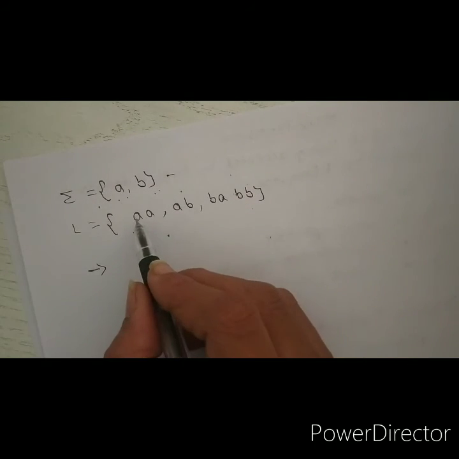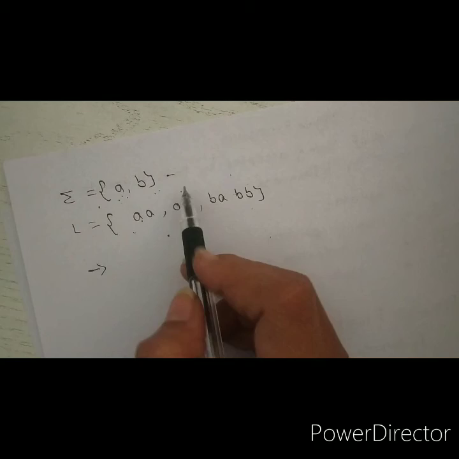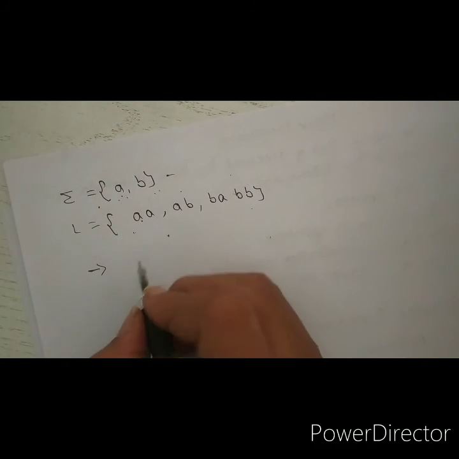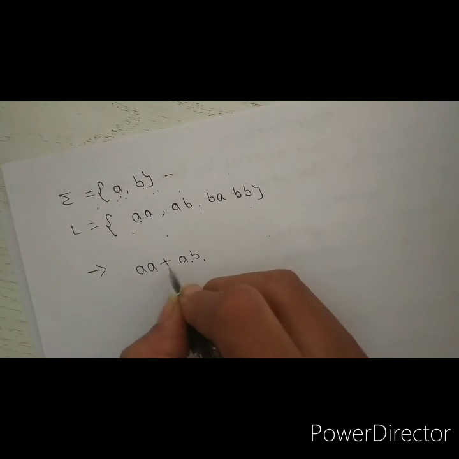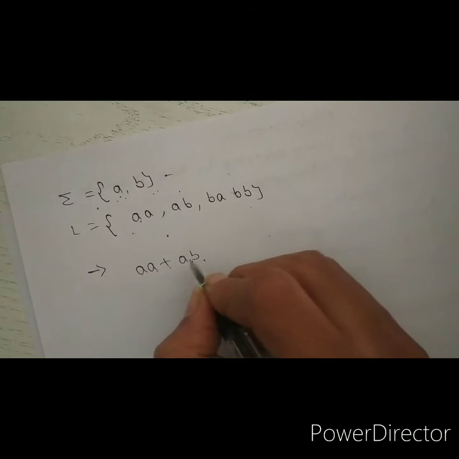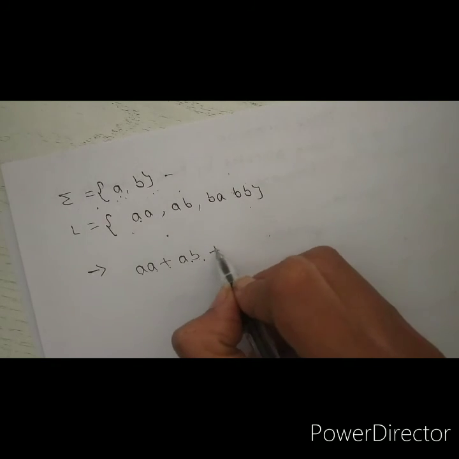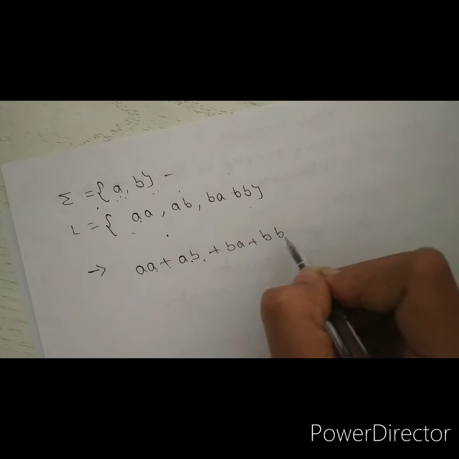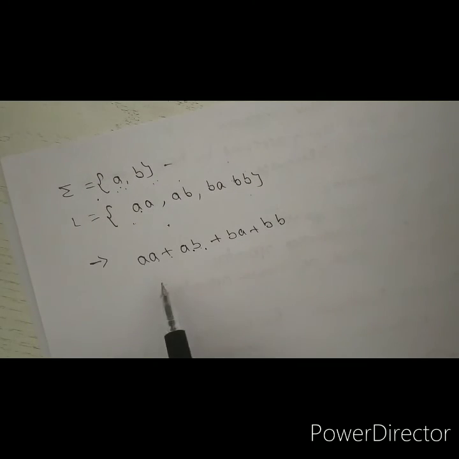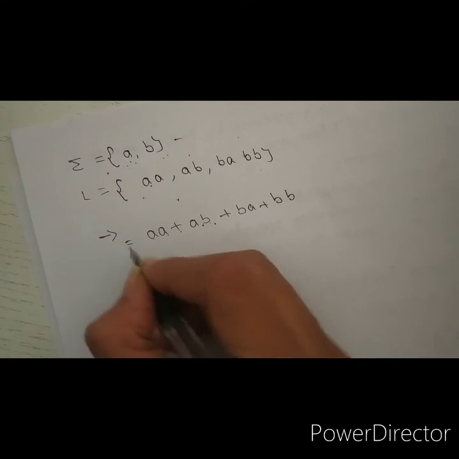So take each and every string with a union: aa plus ab plus ba plus bb. Since the language is finite, the regular expression is simply the union of all those strings. So this is your first one.